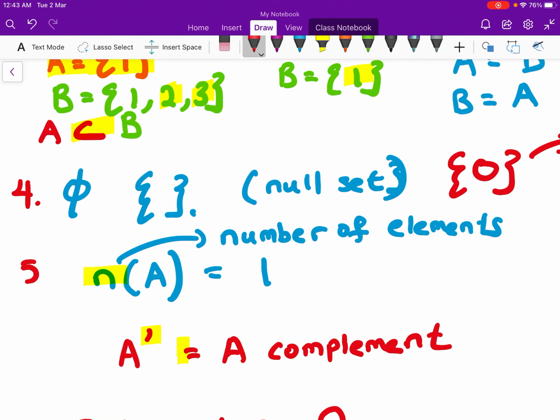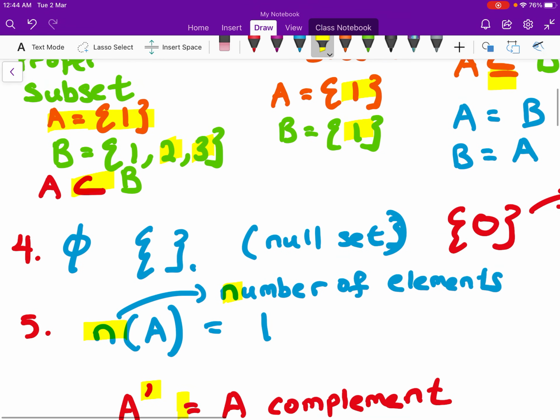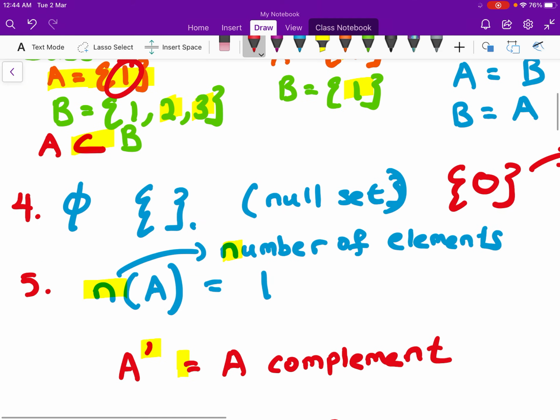Number 5 is n of A. What does this mean? n stands for number of elements, and the bracket contains A, so they want the number of elements in A. If you are given A, so A is just {1}, the number of elements inside A is 1.